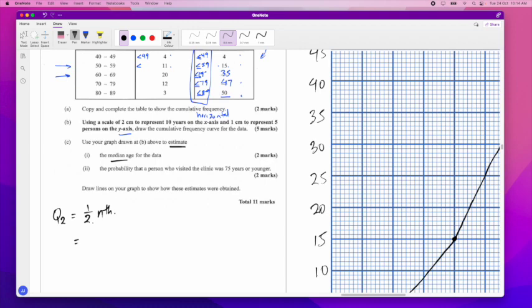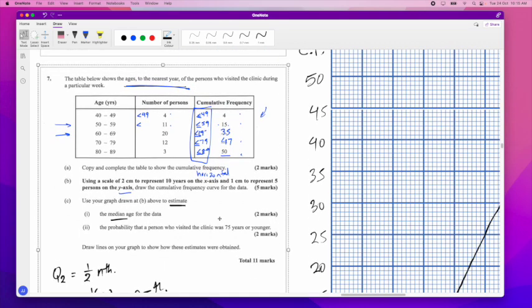We have 50 people, so half of 50 gives us the 25th person. So the 25th person, if we go here in the cumulative frequency table, falls somewhere inside of here, but we're not exactly sure where.